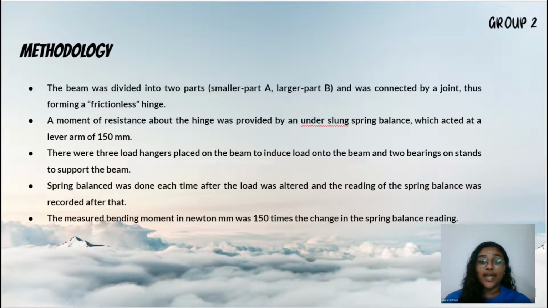There were three load hangers placed on the beam to induce load onto the beam and two bearings on stands to support the beam. Spring balance was done each time after the load was altered and the reading of the spring balance was recorded after that.